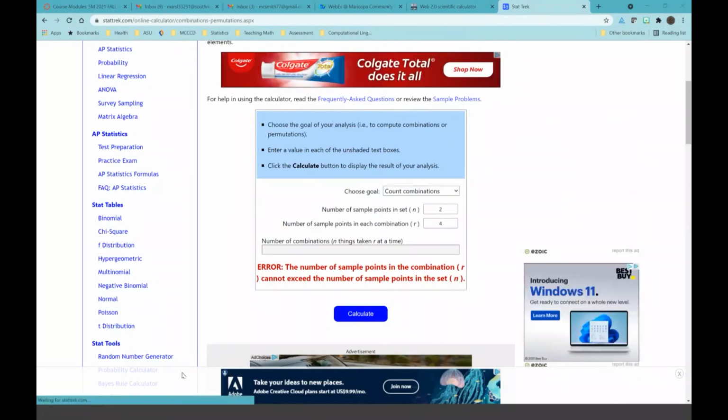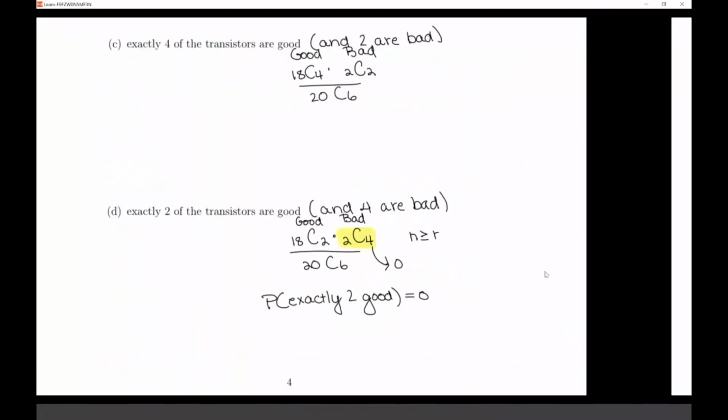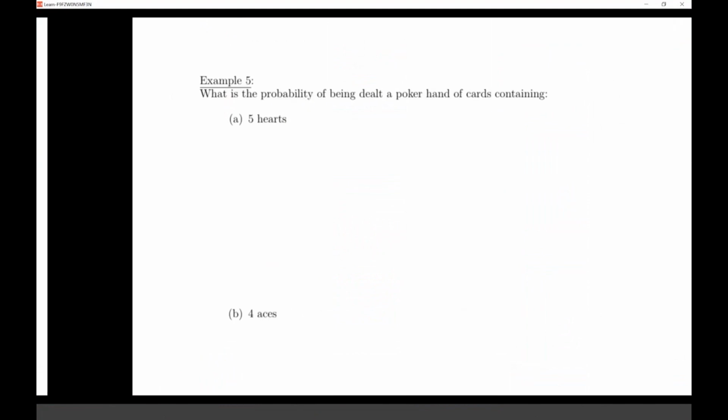All righty. Let's just wrap it up with a little bit of stuff on poker. Now, just to get a handle on this, dealt means without replacement.